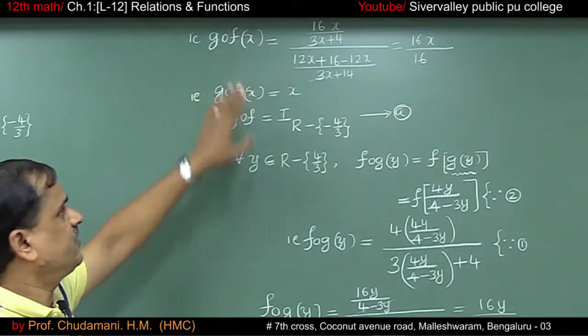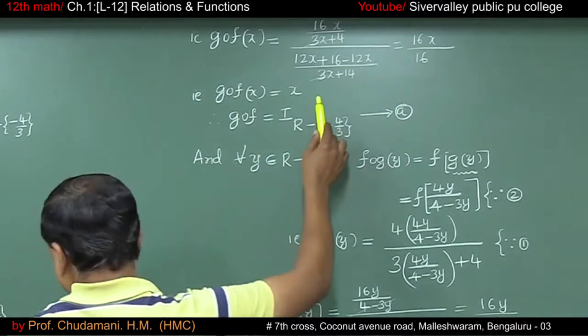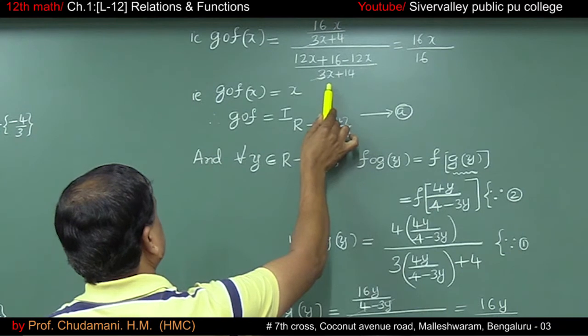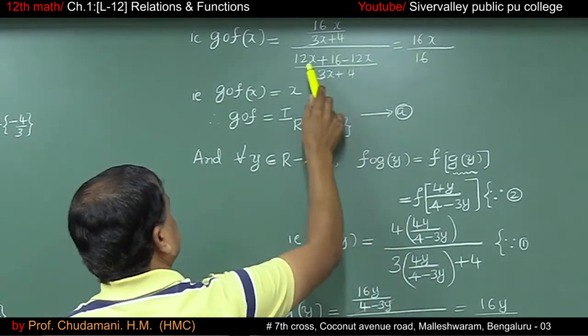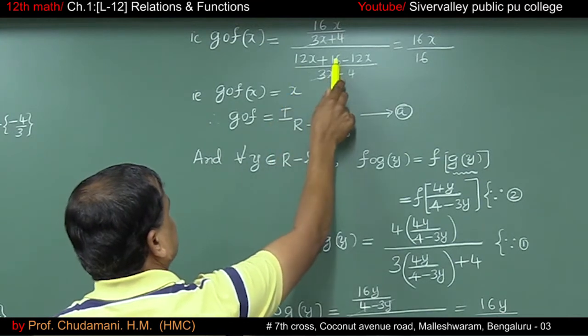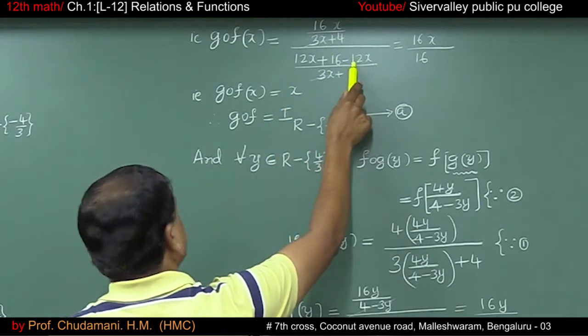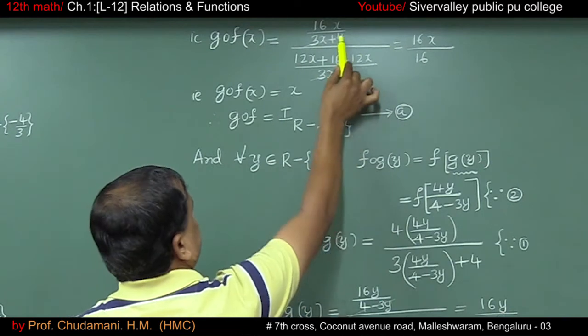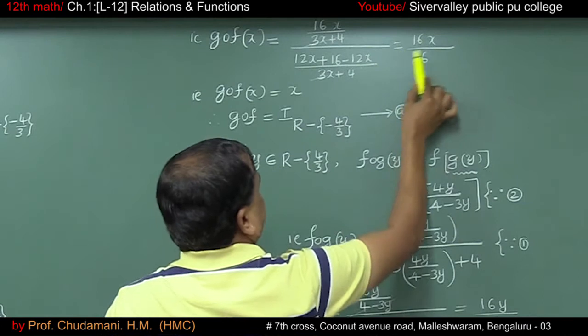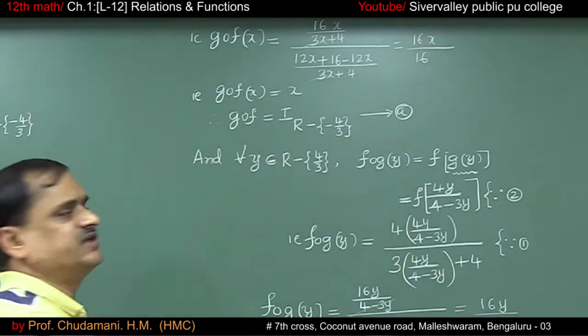That means gof of x is equal to, if I take the LCM, 4 into 3x plus 4 means 4 into 3, 12x plus 16, minus 3 into 4 is 12x. This and this get cancelled. 16x divided by 16, 16 gets cancelled, we are left with x.